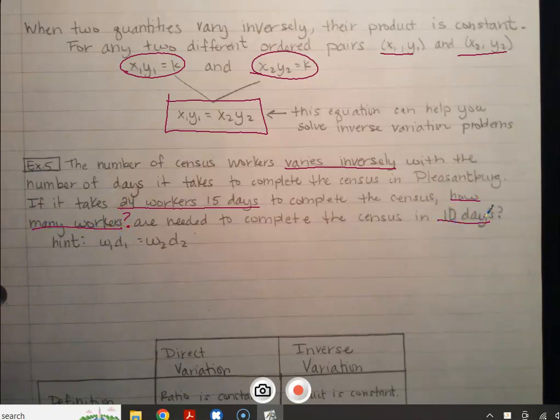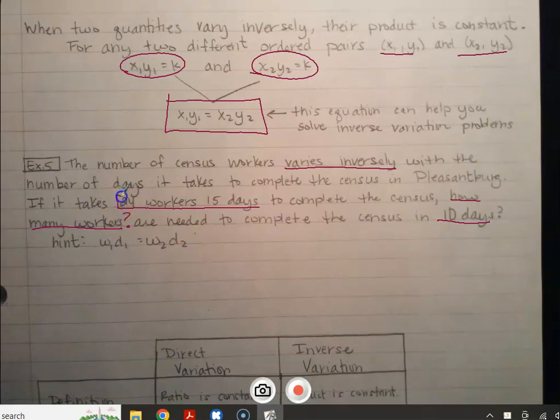All right, so then I gave you a hint here. We've got W sub 1 times D sub 1 equals W sub 2 times D sub 2. Well, W is going to stand for the workers, and D is going to stand for the days. So we can take these pieces and put them in.